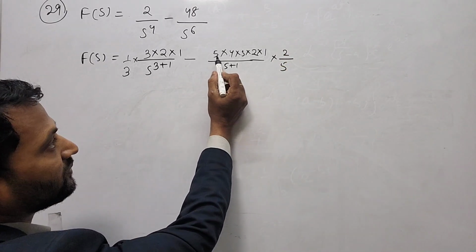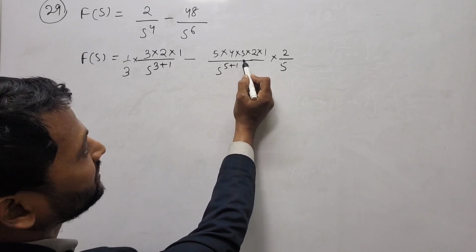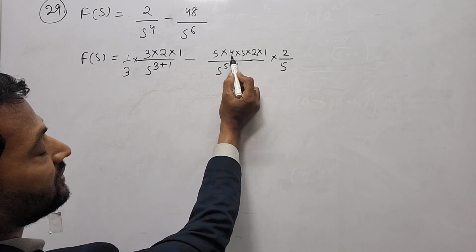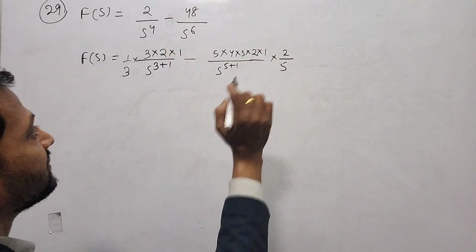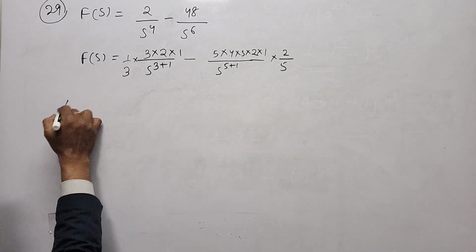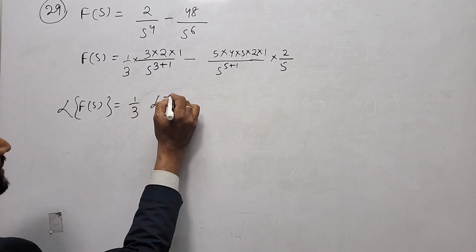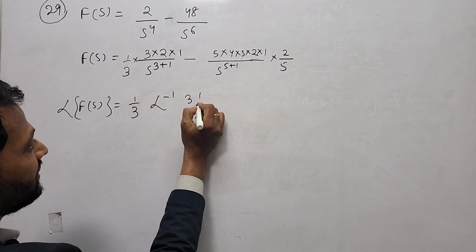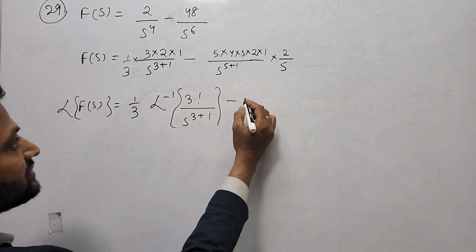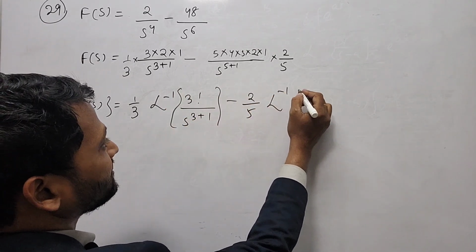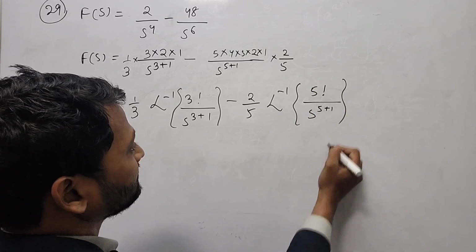See, 5 will cancel, 4 into 3 is 12, 12 into 2 is 24, 24 into 2 is 48. See, 48 is coming, okay. So Laplace inverse of F(s) will be 1 by 3 Laplace inverse of 3 factorial by s to the power 3 plus 1, minus 2 by 5 Laplace inverse of 5 factorial by s to the power 5 plus 1.